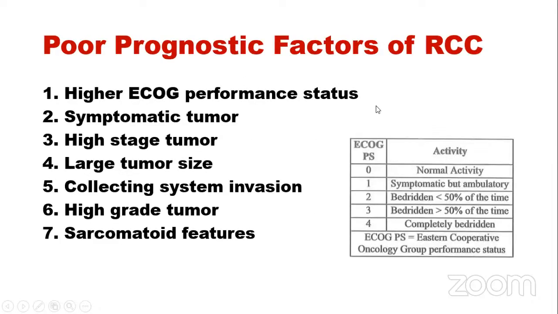Poor prognostic factors of RCC include ECOG performance status. ECOG activity: 0 is normal activity, 1 is symptomatic but ambulatory, 2 is bedridden less than 50% of the time, 3 is bedridden more than 50% of the time, and 4 is completely bedridden.